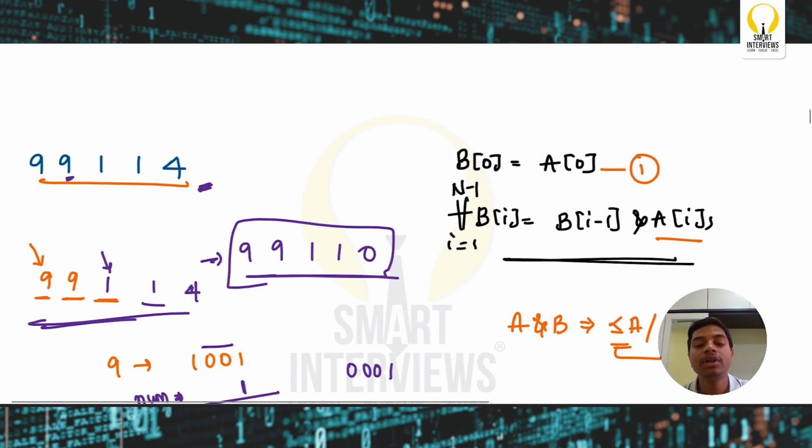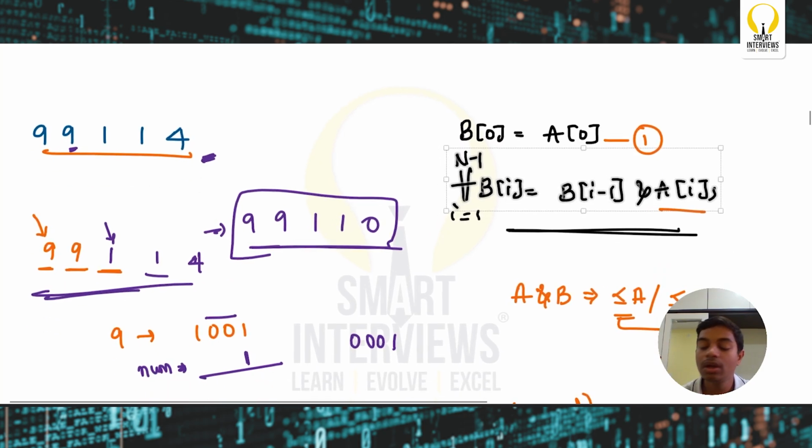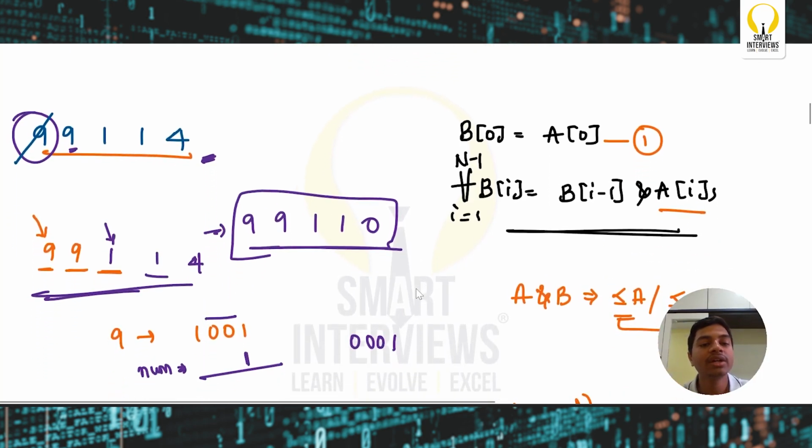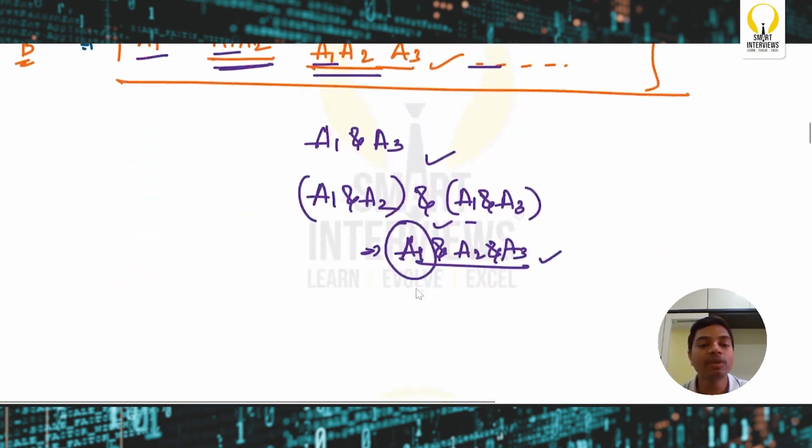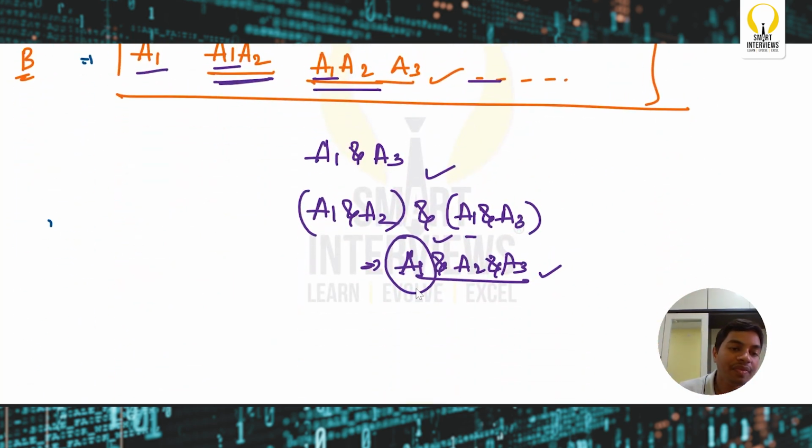So after doing this, what else are we left with? When we're done with this particular 9, do we need to consider it once again? Can I just simply eliminate this? Yes, I'm going to simply eliminate this. And once again, as I mentioned below, my current lst is going to be 9114, and B is having the element 9 here.